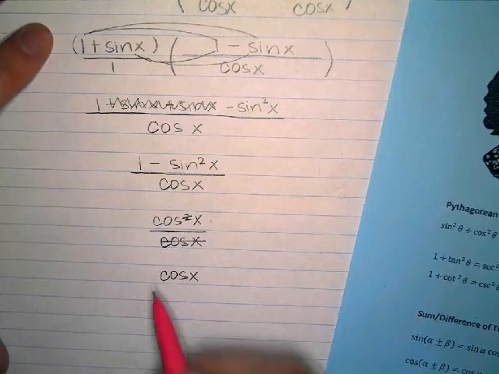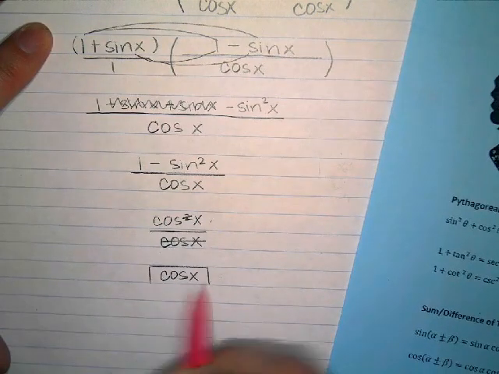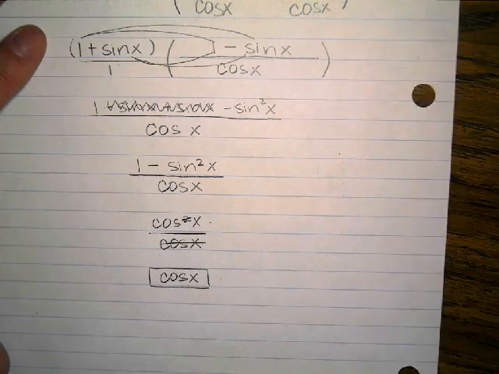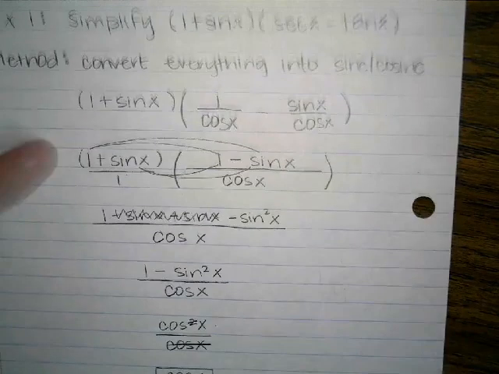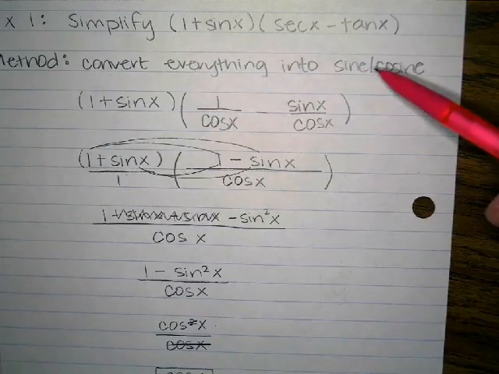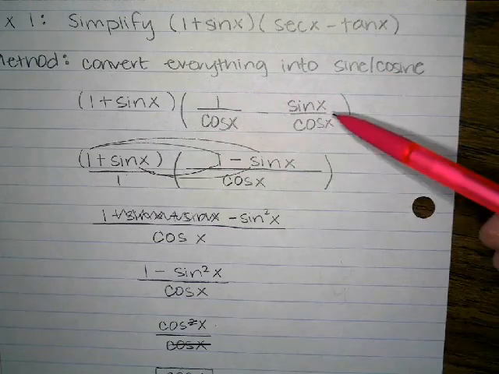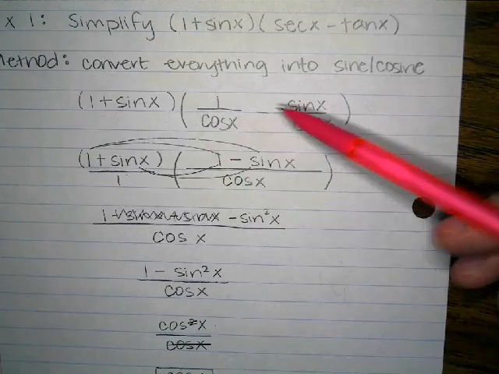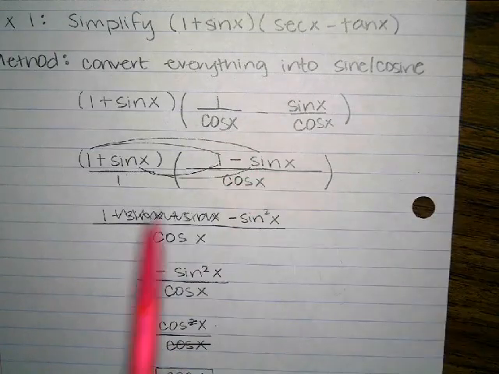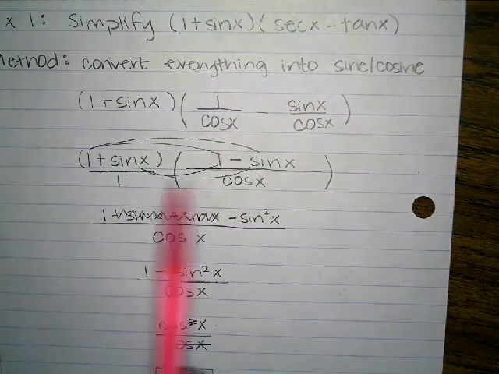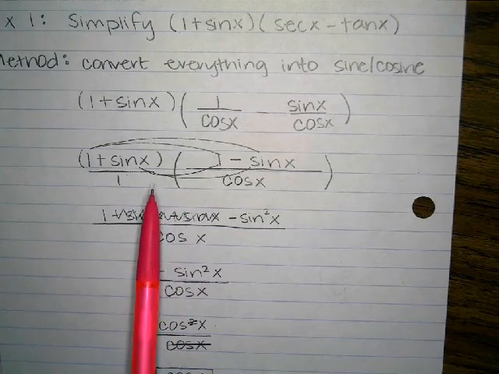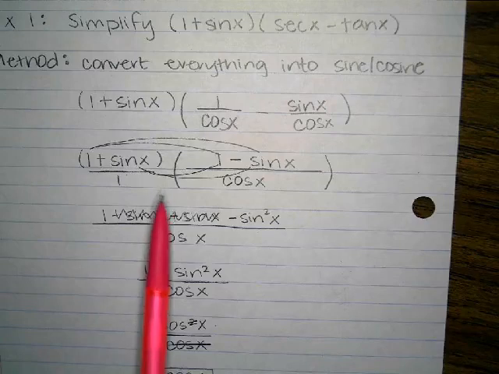Okay, so let's think about what we did. The method that we used was to convert everything into sine and cosine, so we did that first. That was the one thing that we learned how to do that was different. After that, I just did math that I would normally do in a simplifying problem. It looked weird because it was trig, but it was normal math. If I had something times a fraction, it would be normal for me to multiply those things out.